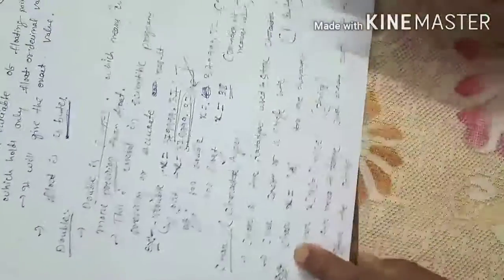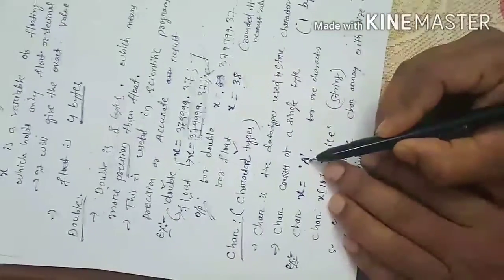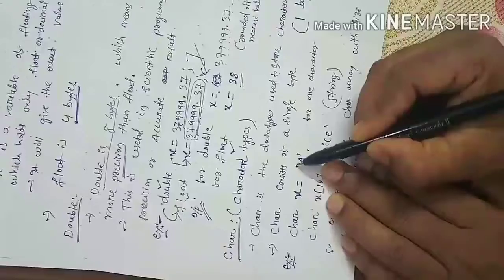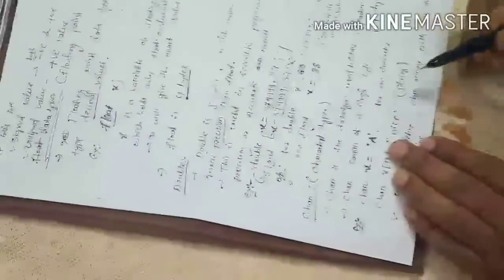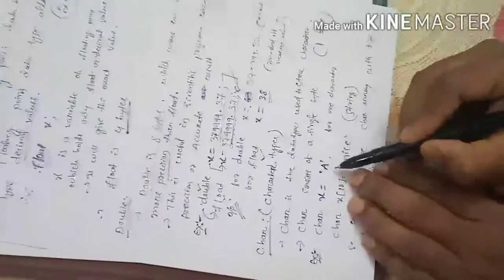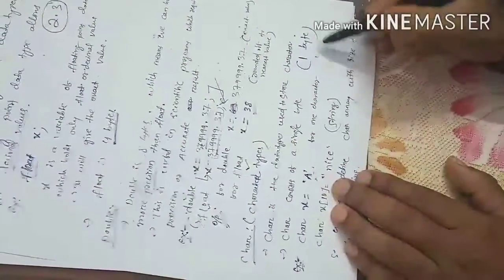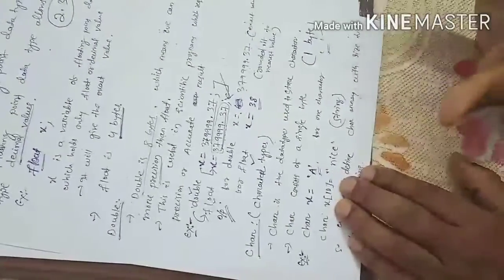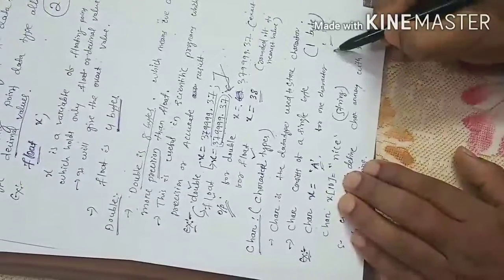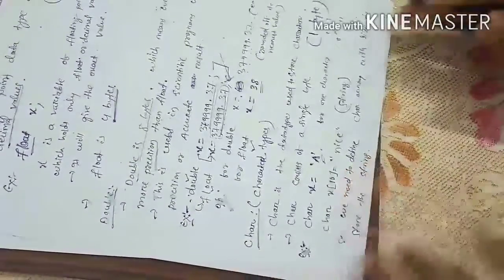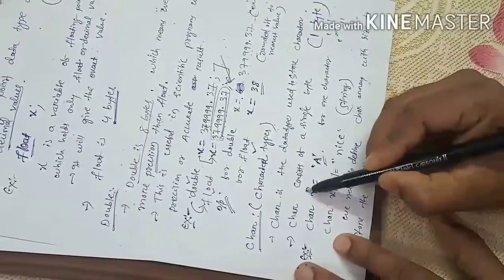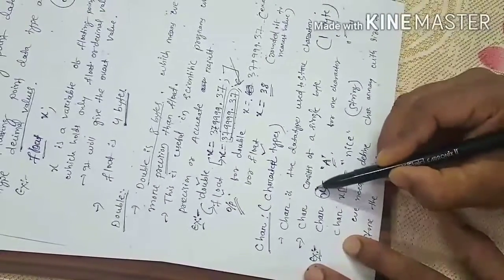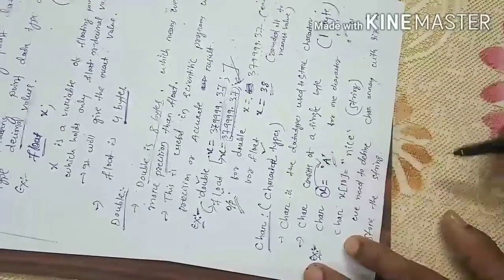So you can see here, this is a capital A within single quote. Remember one thing, any character can be written within single quote, but any word or string can be written in double quote. So for one character we have defined like this. That means x is a variable of character type which can store A.